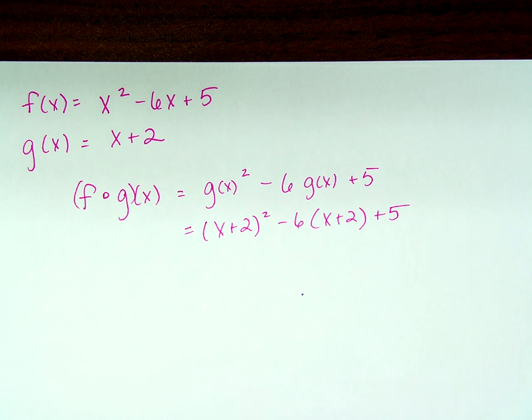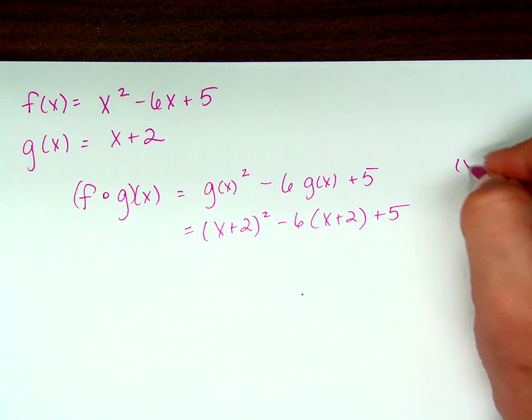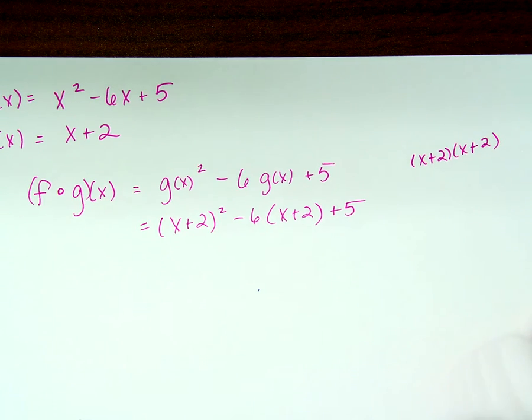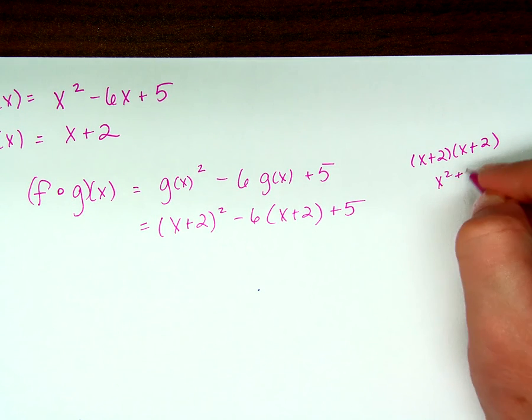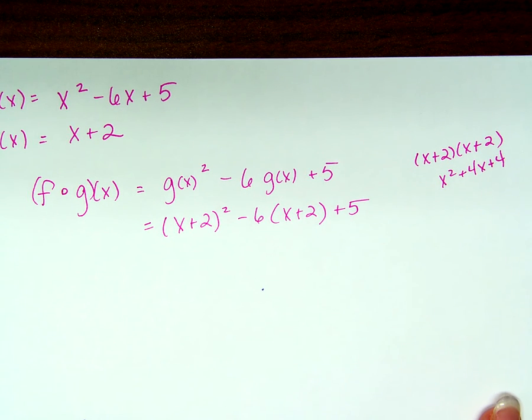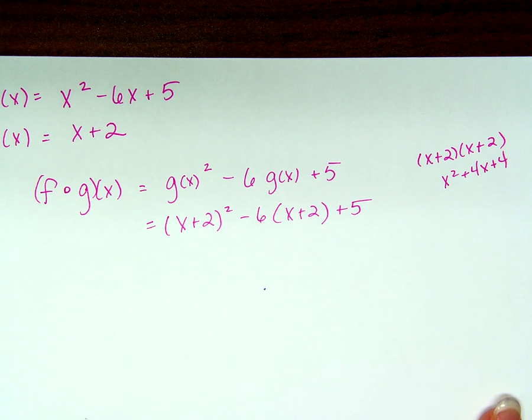So if I have x plus 2 squared, what am I actually being asked to do? So x plus 2 times x plus 2, x squared plus 4x plus 4. That makes me happy that you say that, because a lot of times people say x squared plus 4.